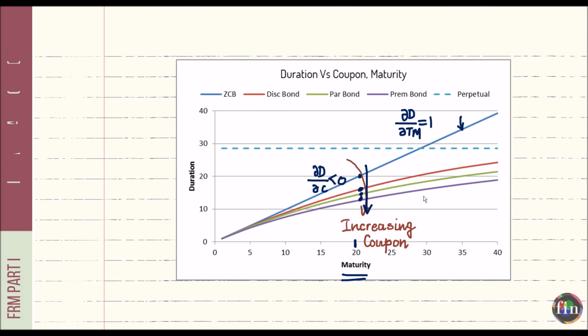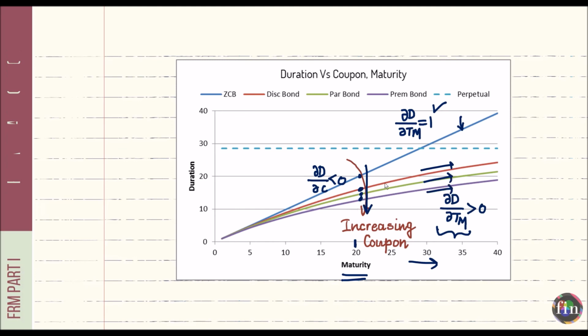Now take a look at sensitivity of duration with respect to time to maturity. Now this I have already done for zero coupon bond. If you were to take a look at this for any other bond, let's say a discount bond, a par bond, or a premium bond, still this guy is positive. Why? Because as the time to maturity increases, duration is increasing. All the three curves are moving up.